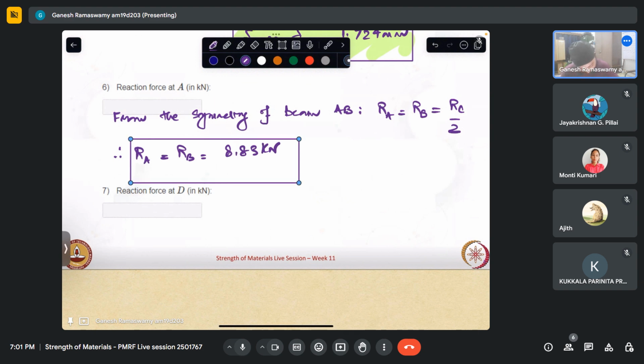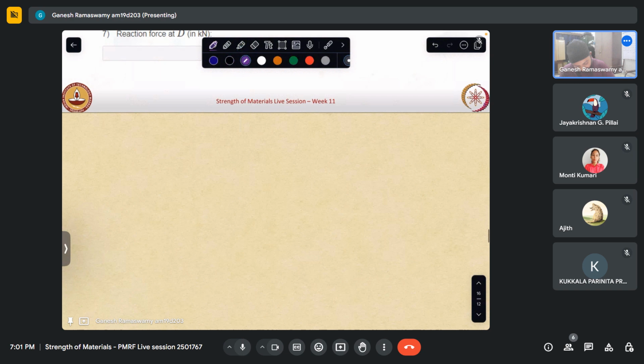Very well. So now as for the reaction at D, let us draw the beam again.